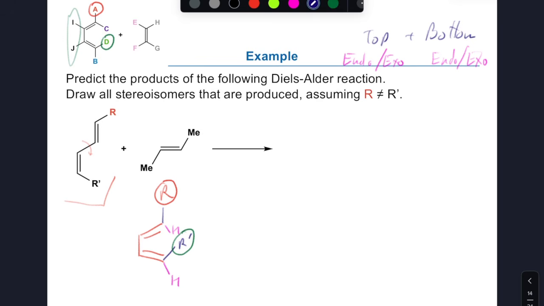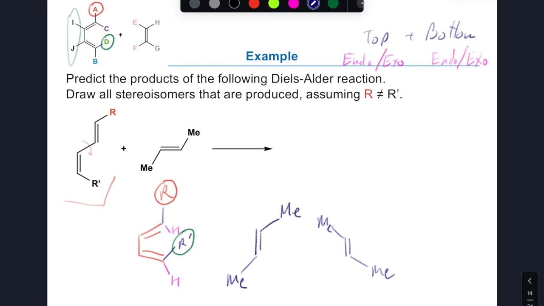Okay, now let's line up the dienophile. Dienophile is my methyl, methyl. So that's one way I could possibly draw it. But notice in this one here, I could bring this methyl group together like this. I could also draw it like this. So those are the two possible geometries I could bring in, right? I can pancake flip these two in these two geometries over here.